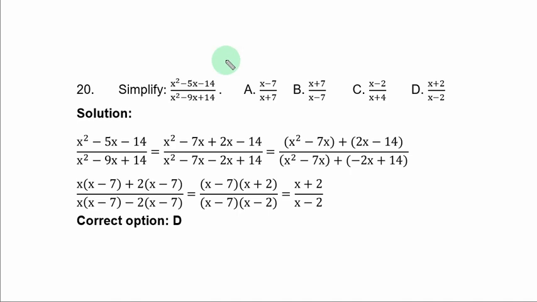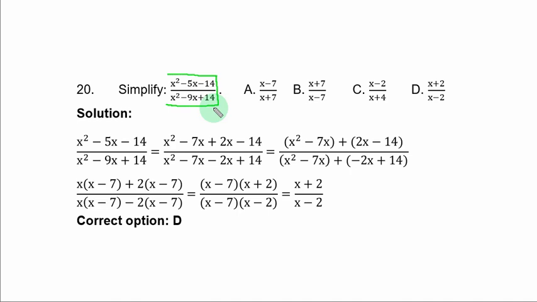Question 20. Simplify s squared minus 5s minus 14 over s squared minus 9s plus 14. Don't make the mistake of cancelling 14 with 14. No, what you have is a quadratic expression in both numerator and denominator, and you are expected to factorize both.